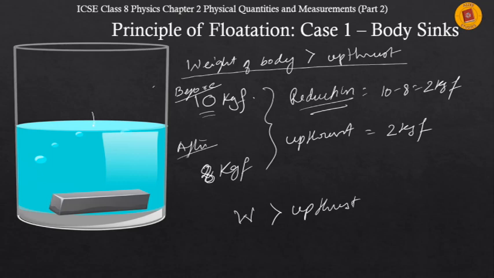The weight of the body acts downwards. For example, let us take the body here, and the water or the fluid gives an upthrust, let us denote it by buoyant force Fb.